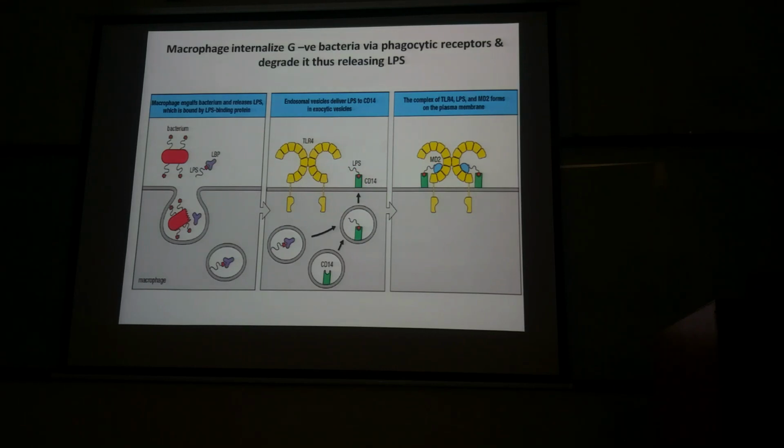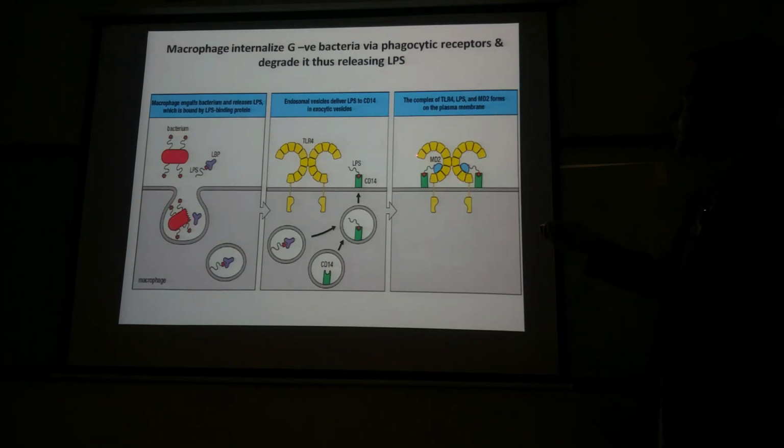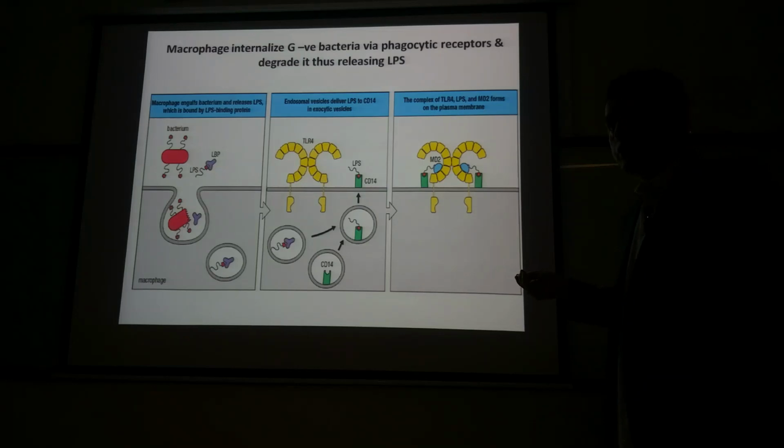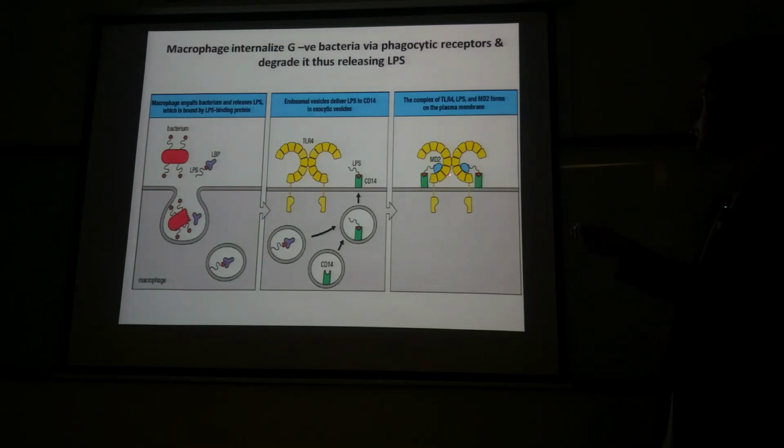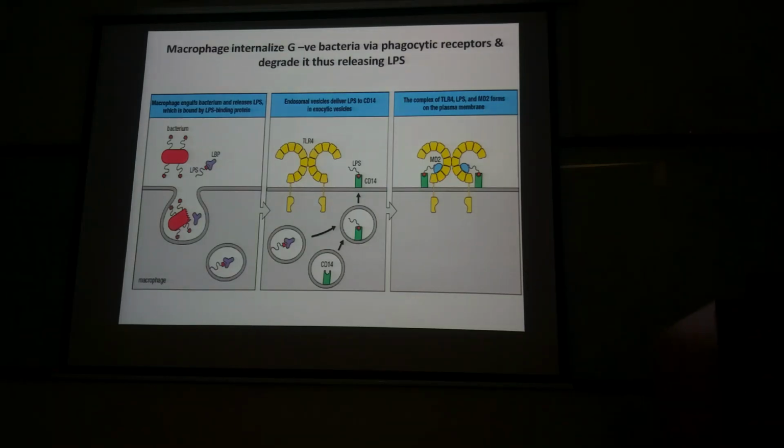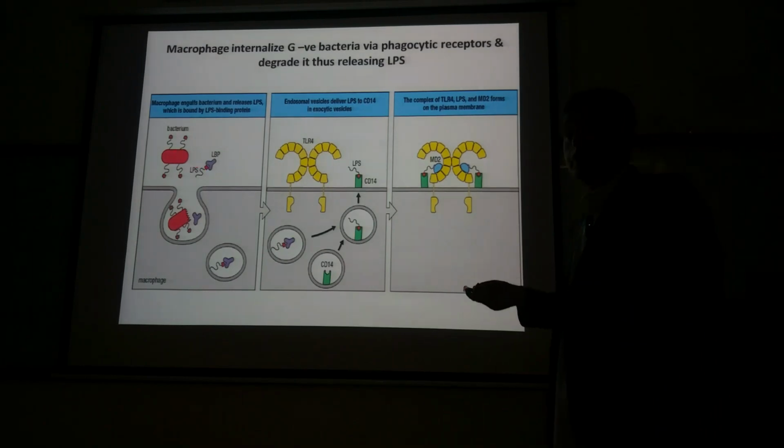This is recognized by MD2. MD2 has a binding site in this particular Toll-like receptor 4, which is present here on the surface of the macrophage. This horseshoe-like receptor, TLR4, is for recognition of the LPS, or lipopolysaccharides, of gram-negative bacteria.